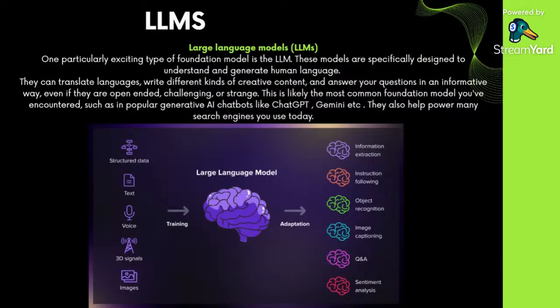They give all kinds of content and they translate languages, answer your questions in an informative way, even if they are open-ended, challenging. If you ask ChatGPT about your personality, from the prompts you have ever written to it, it will tell you about your personality also, as if it has been a friend to you. How is it possible? Because it acts as a human being who's trained to understand you and your challenges in the most fundamental way possible.